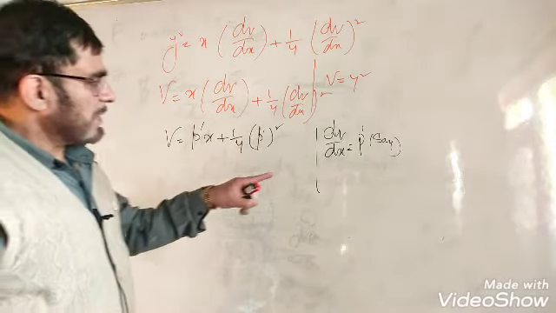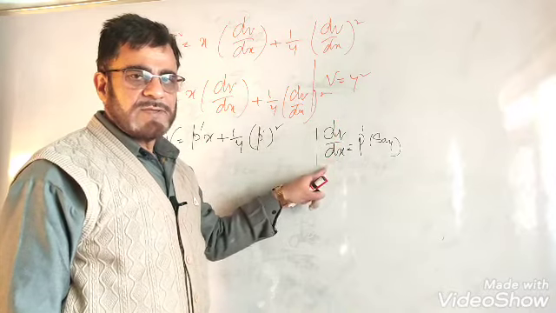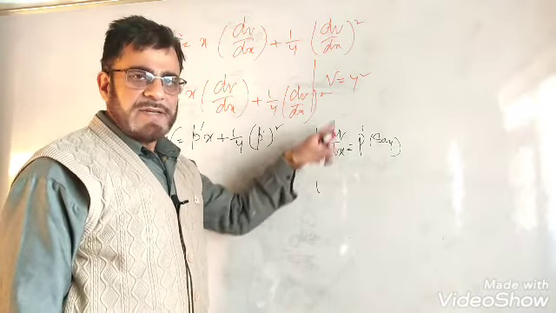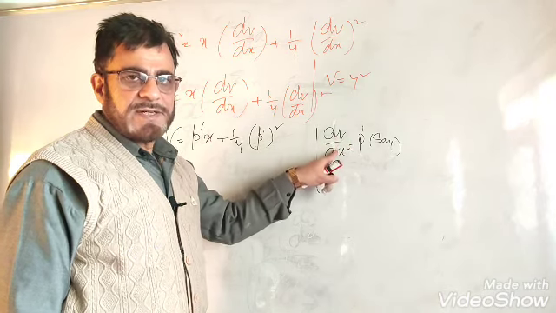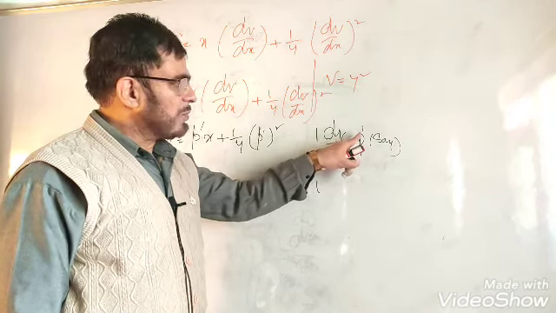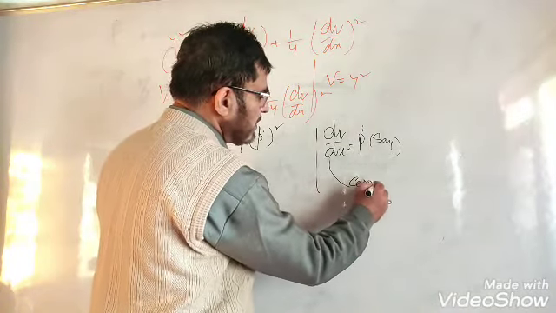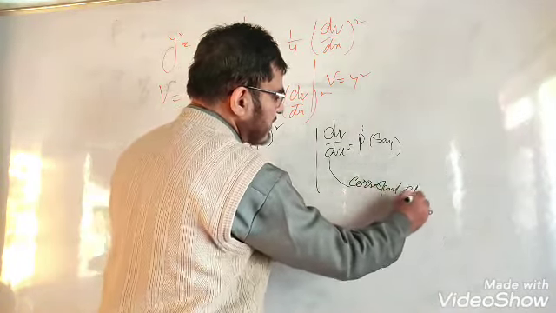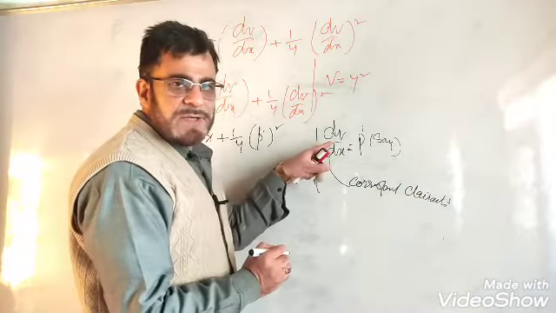Now you see, instead of dy/dx, you have dv/dx. v is your dependent variable and x is the independent variable. What is the corresponding Clairaut form for this?